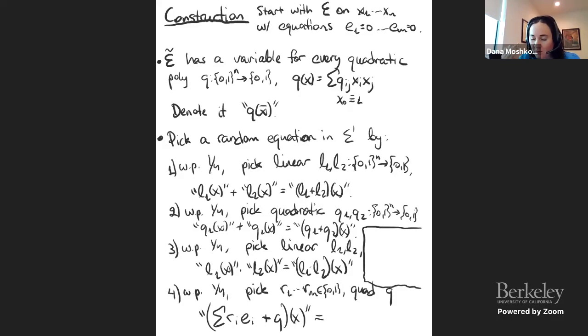So remember that I assume without loss of generality that all my equations are E1 equals 0, E2 equals 0, and so on. So really, this linear combination is supposed to be 0 if I actually have an assignment that satisfies all the equations. So this is supposed to be Q(x). So let me check.